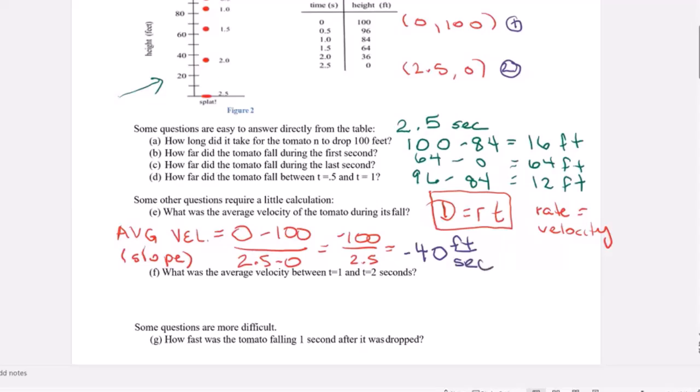Okay. Now, F, what was the average velocity between time t equals 1 and t equals 2 seconds? Again, our average velocity is still equal to the slope.